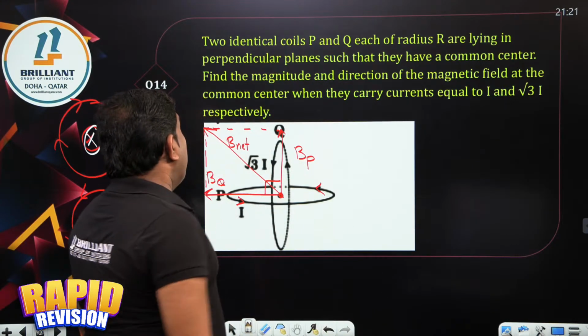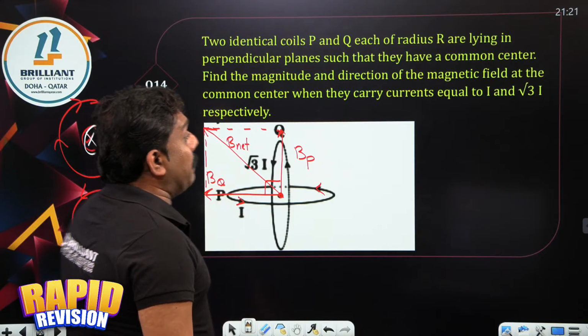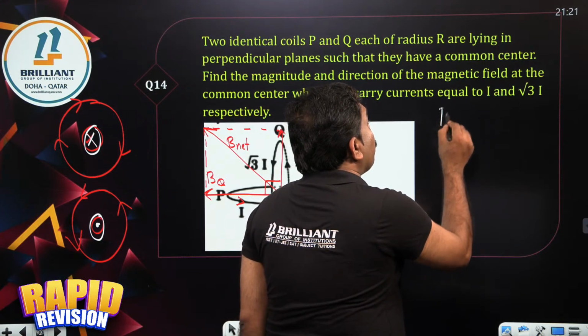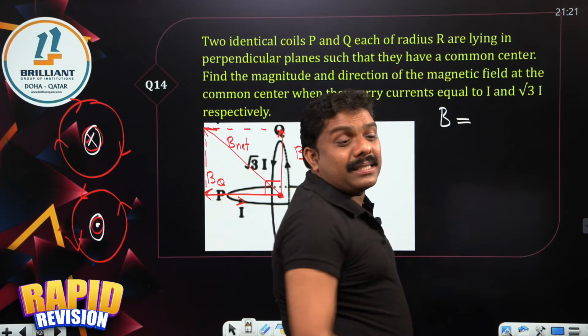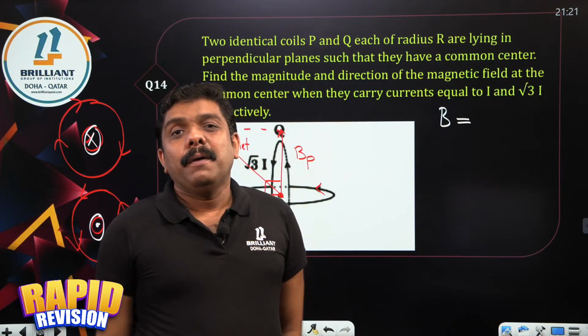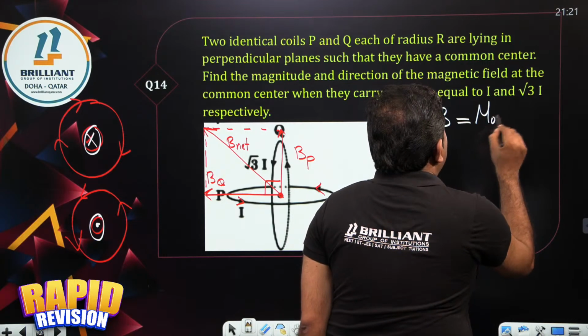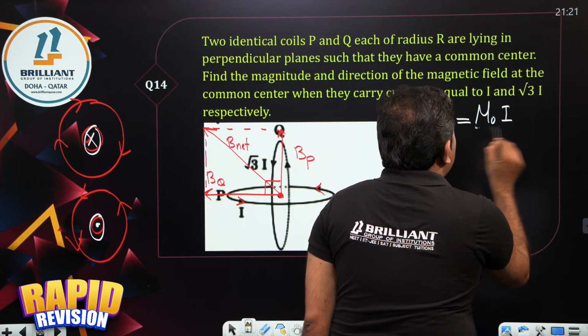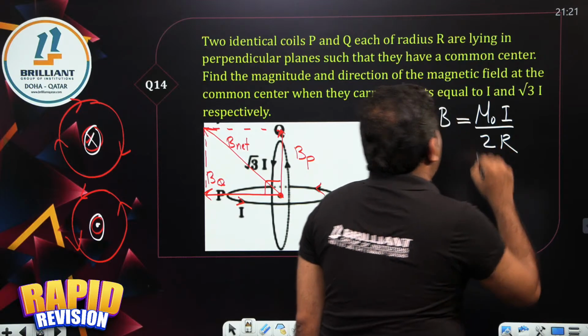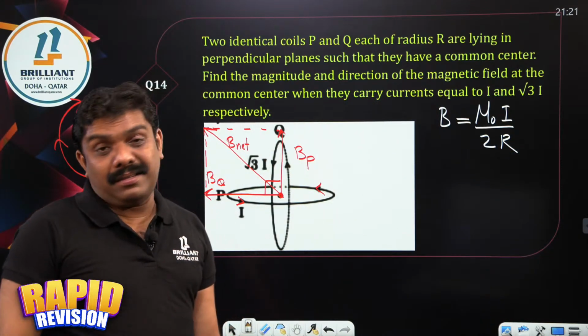Now here we have to find each one separately. What is the equation for the magnetic field due to a circle at its center? Mu naught I by 2R, where R is the radius.